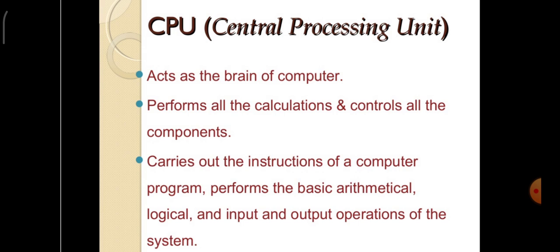Central processing unit. It acts as the brain of the computer, performs all the calculations and controls all the components, carries out the instructions of a computer program, performs the basic arithmetic, logical, and input-output operations of the system. This you have already studied in the previous class, the block diagram of the system.